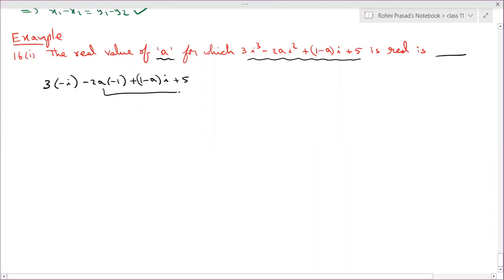So the 2a plus 5 plus i into 1 minus a minus 3, which is equal to the 2a plus 5 plus i into minus a minus 2.